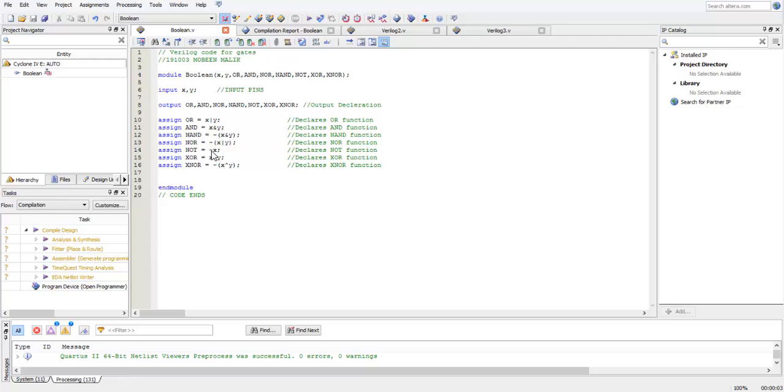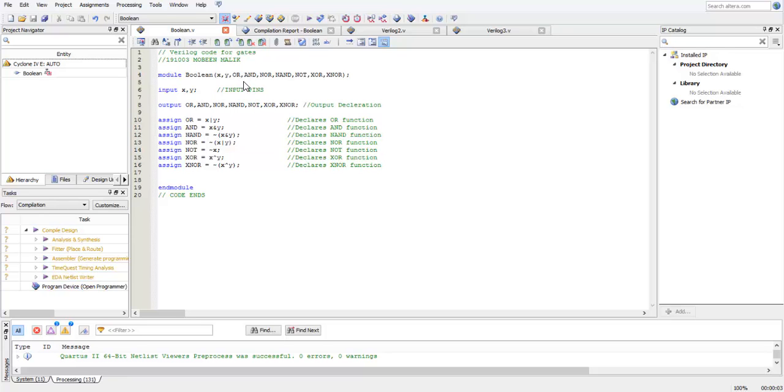This is a collective NOT of a single input X. XOR has an operator like this, and XNOR is just its NOT. Now, this is just a simple code to implement the logic gates.